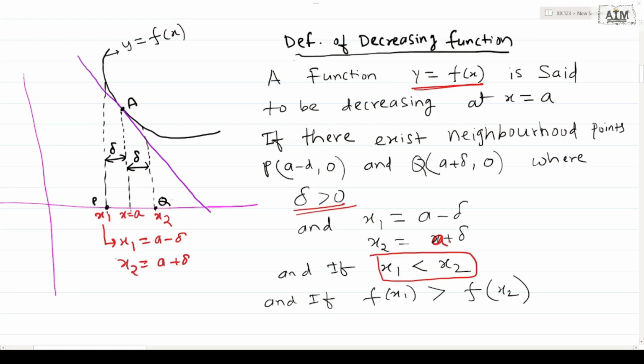And if it is a decreasing function, then f of x1 is greater than f of x2. So a function is decreasing at x equals a, and if x1 and x2 are in the neighborhood, then f of x1 is greater than f of x2. This is the definition for a decreasing function.